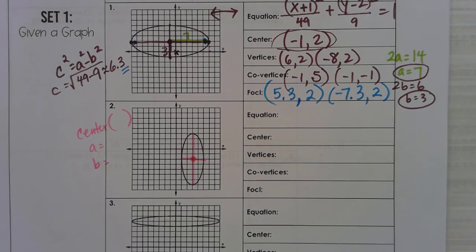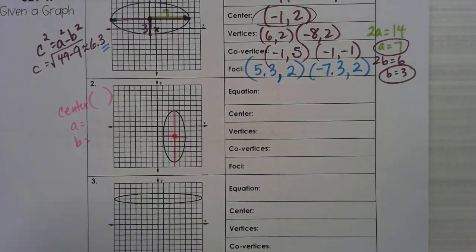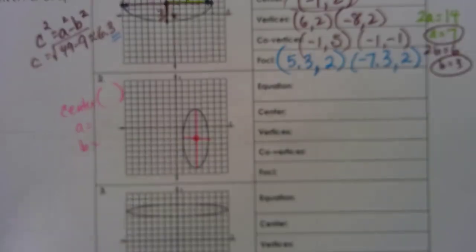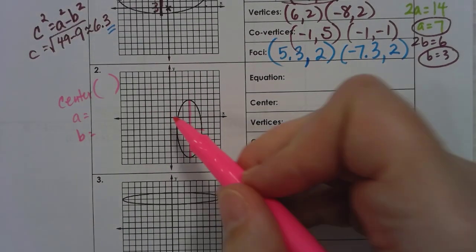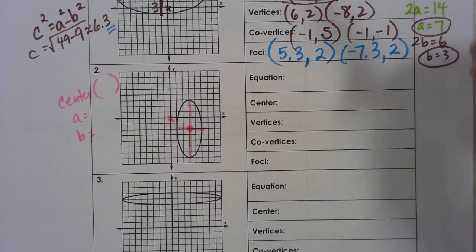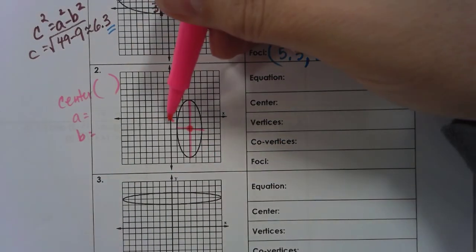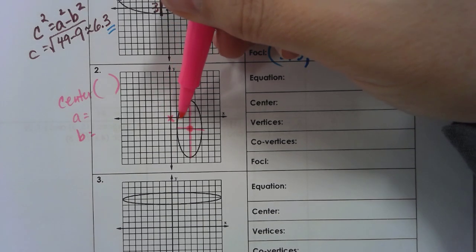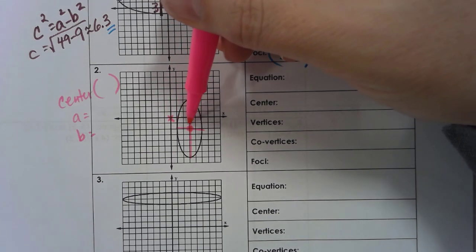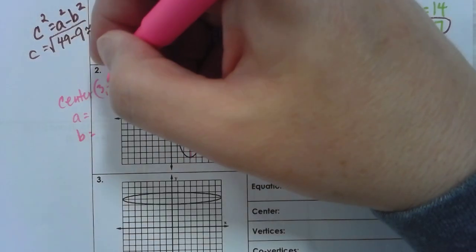For these graphs, all of your centers should be nice whole numbers. None of them are going to be halves or 0.7s or anything weird like that. So this center is going to be at positive 3, negative 2.